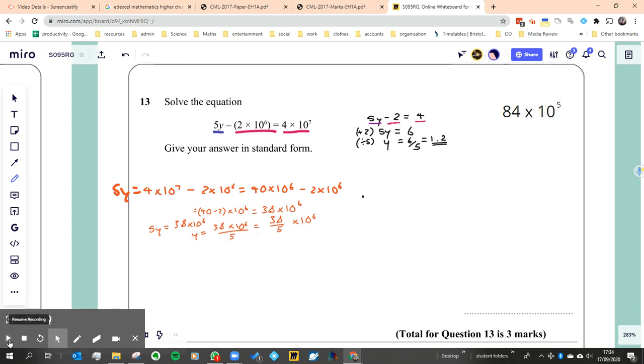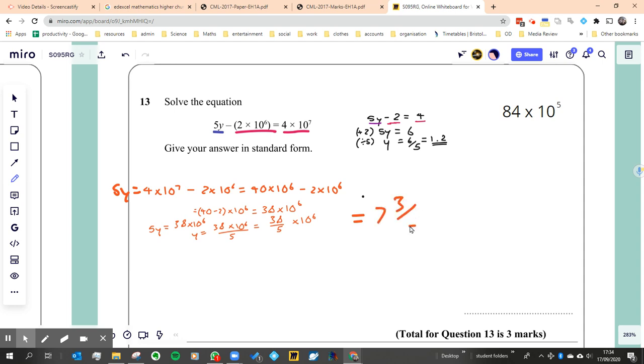So what's 38 divided by 5 then? You're going to think, well, what's the nearest multiple of 5 to 38 that's below 38? It's going to be 35. So 35 divided by 5 is 7. So it's going to be 7 and the remaining 3 over 5.